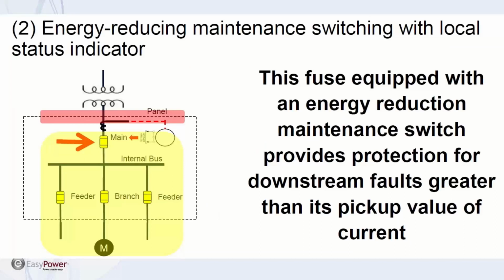Likewise, with an energy reducing maintenance switch with local status indicator, this is something that can be manually operated and switch the main fuse for a current limiting fuse or a lower current alternative for the point or the time of doing the maintenance.